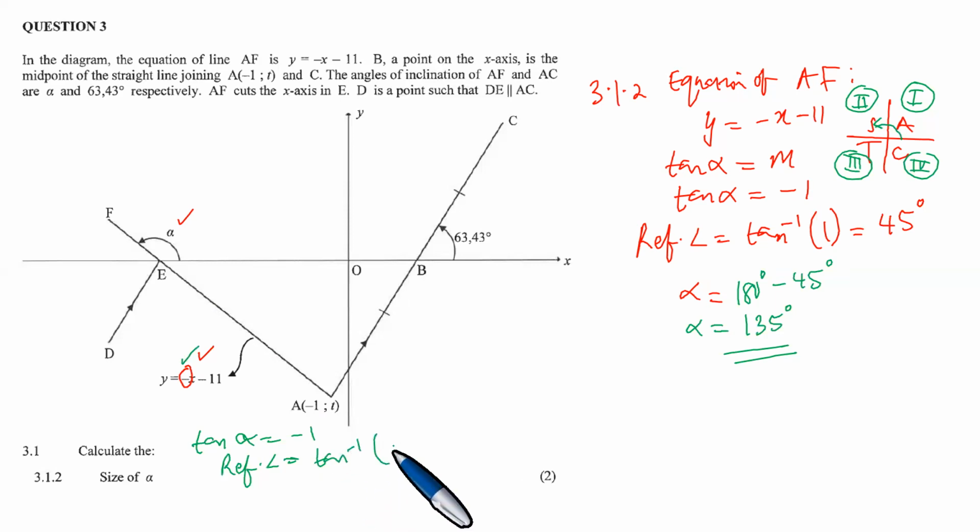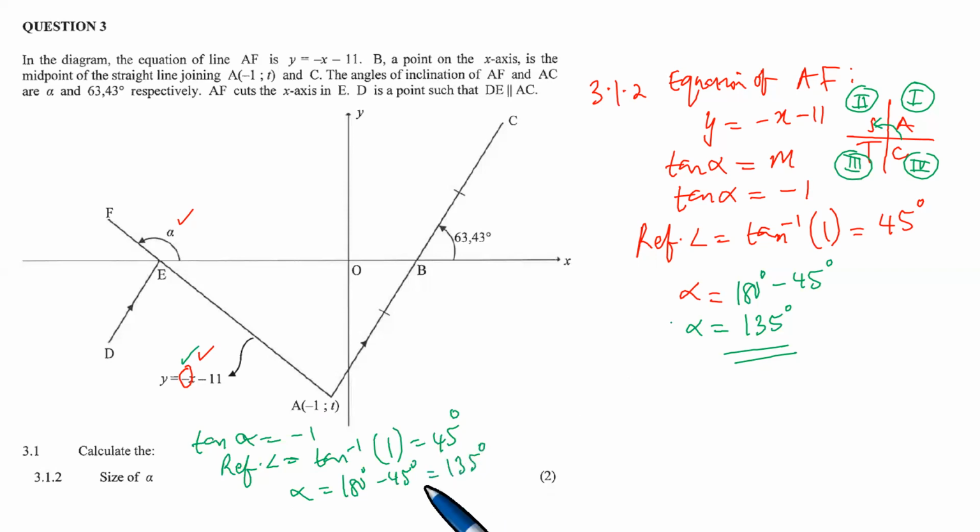We do the arctan of 1, which is 45 degrees. Therefore alpha is 180 degrees minus 45 degrees, and this is 135 degrees.